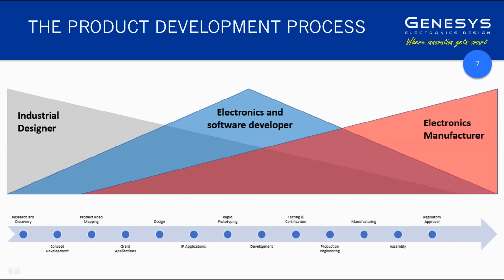The electronics and software aspect spans the whole spectrum of it. We get involved to a higher or lesser degree at the front end, depending on to what extent the product relies on the electronics for its effectiveness. And then obviously the device needs to be manufactured at the end of the day.